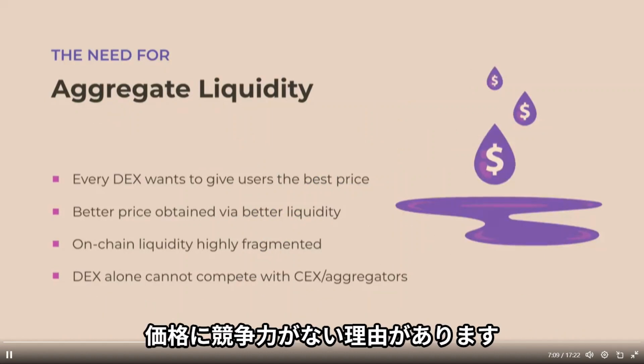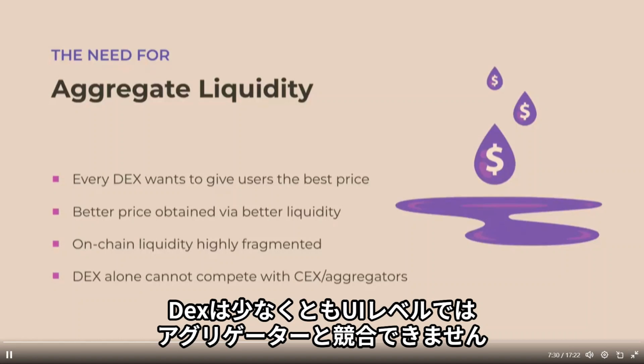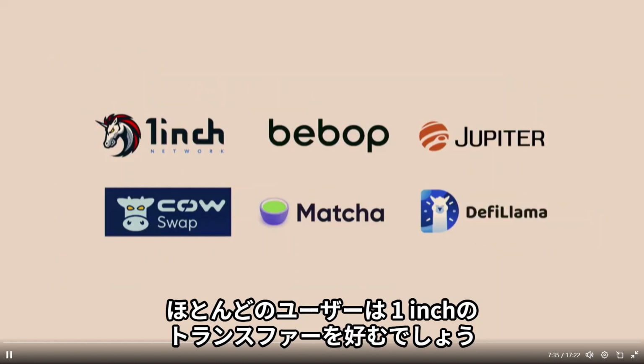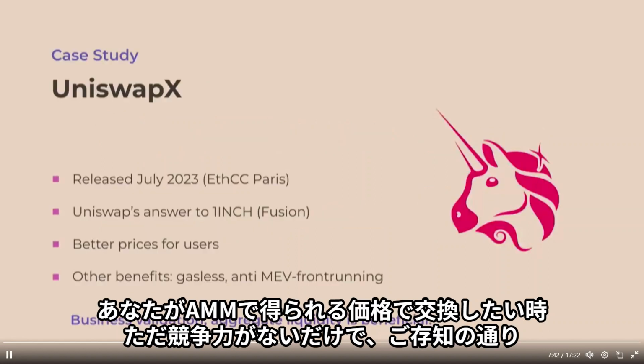The reason they're not competitive is just liquidity fragmentation. Liquidity is highly fragmented across different chains, across different AMMs, on the same chain, and across different pools within the same AMM. What happens effectively is the DEXs, at least on the UI level, cannot compete with the aggregators. Most users will go to 1inch, Paraswap, one of these when they want to swap, because the price you would get on an AMM UI is just not competitive.